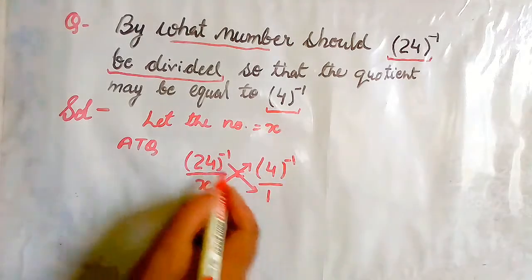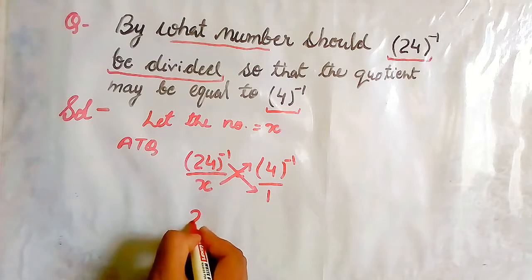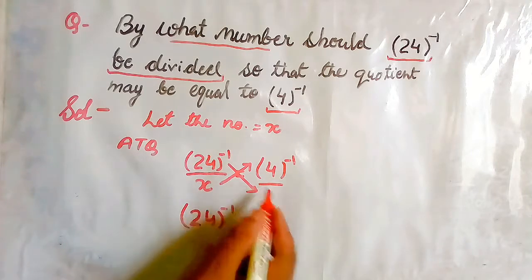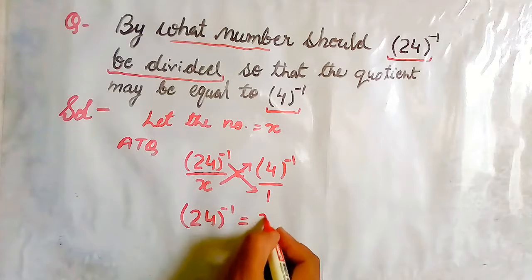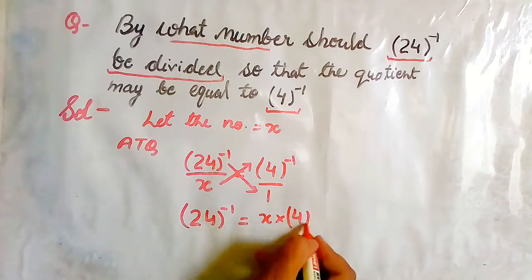You can use the shortest way to simplify it. So here cross multiply 1 into 24^-1 will be as it is, 24^-1 equals x multiplied by 4^-1.